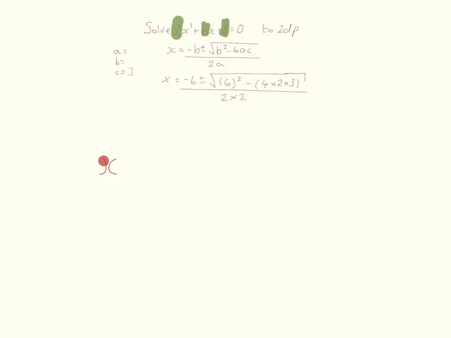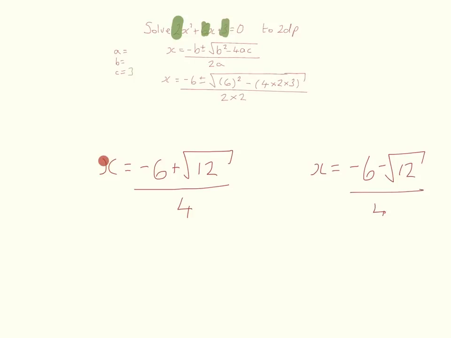So I'll make this my x equals minus 6 plus the square root of 36 take away 24 is simply 12 divided by 4, and x equals minus 6 take away the square root of 12 divided by 4.